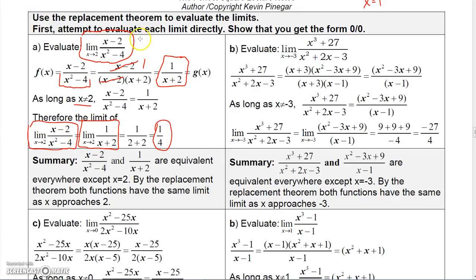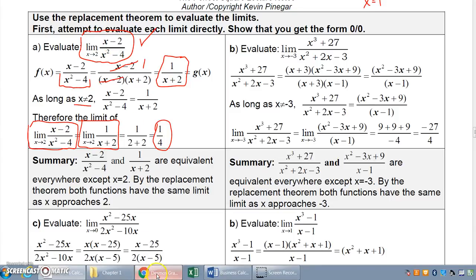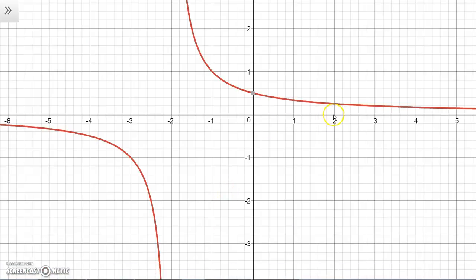To emphasize this, let me show you a graph of the original function that we started with. Here's x equals 2. Let's approach 2 and see what happens as we get to 2. Notice this function is not defined at 2.